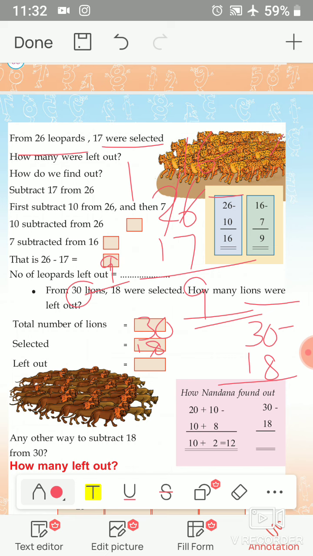Borrow from the nearest number. Then 3 becomes 2 and 0 becomes 10. 10 minus 8 is 2. Then 2 minus 1 is 1. That is 12. How many lions are left? 12 lions are left. Did you understand this method? Okay.